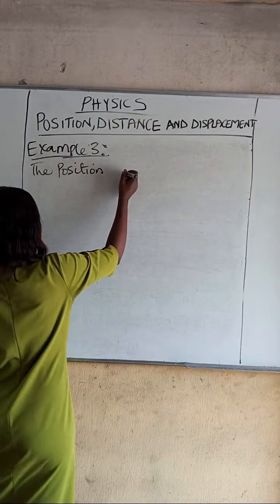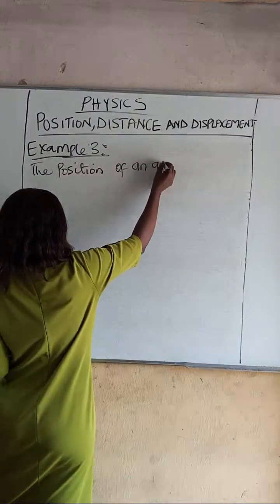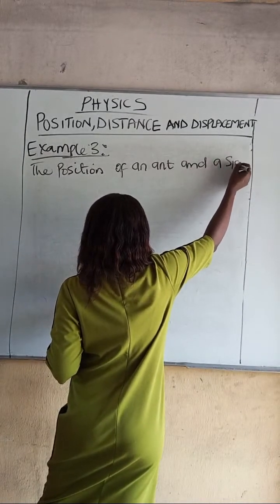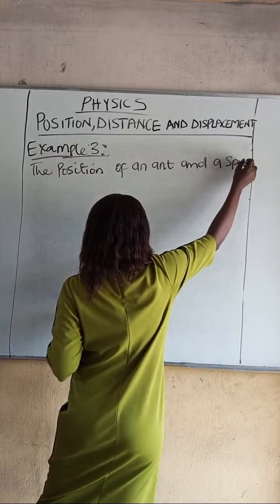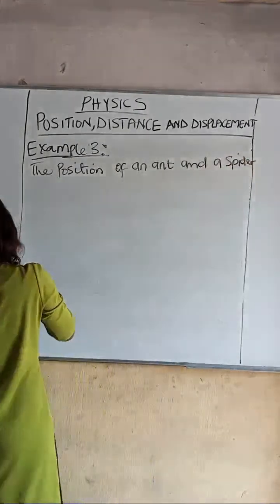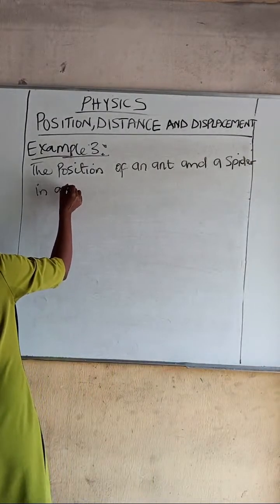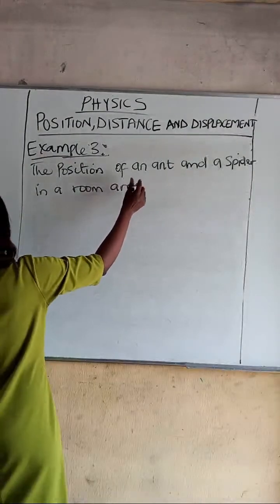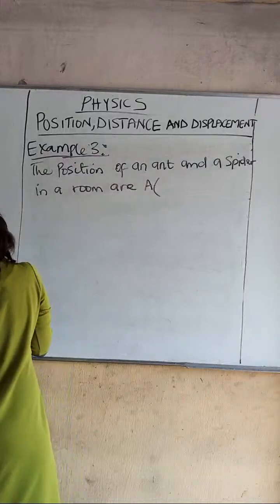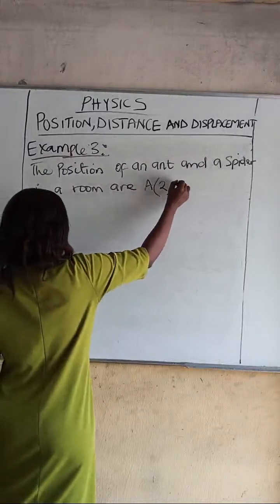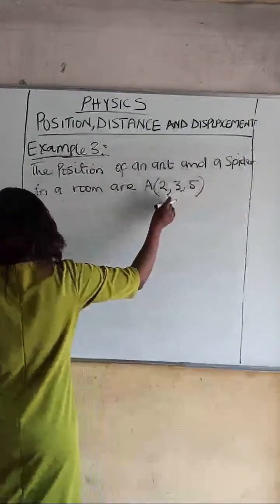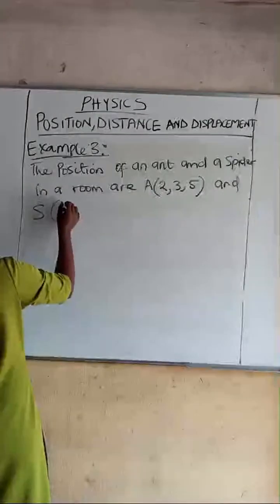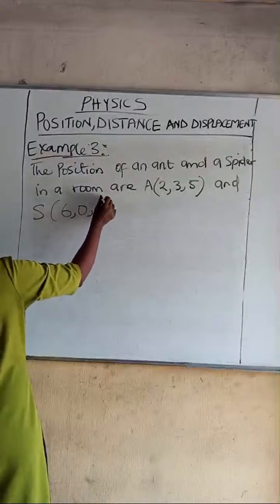The position of an ant and a spider in a room are A bracket 2, 3, 5 and X bracket 6, 0, 8.